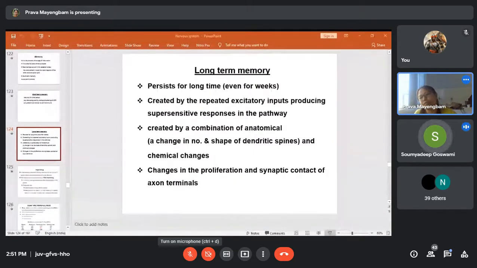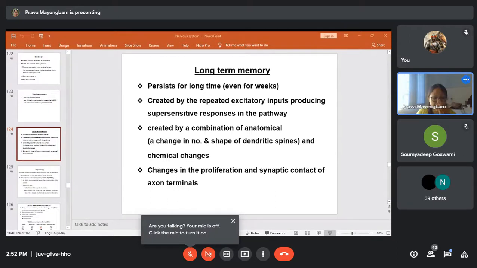Yes, ma'am. Okay, the short-term memory means the process has not repeated much. So there have to be repeated processes and the responses in a super sensitive way in the pathway. Here the pathway means sensory and motor, sensory and motor, sensory and motor. There has to be repeated movement from sensory to motor.